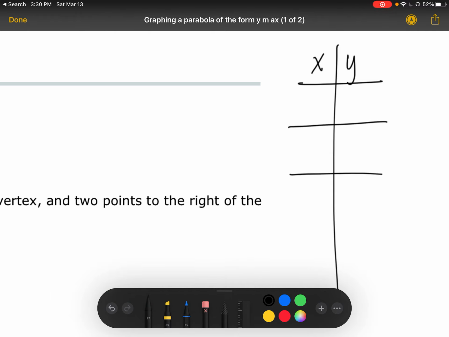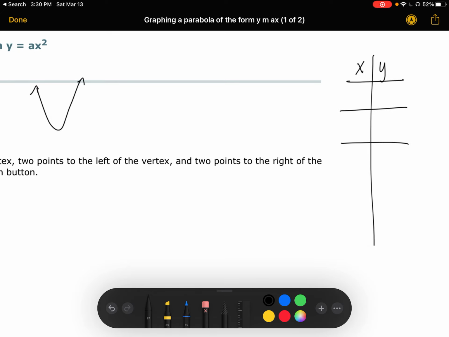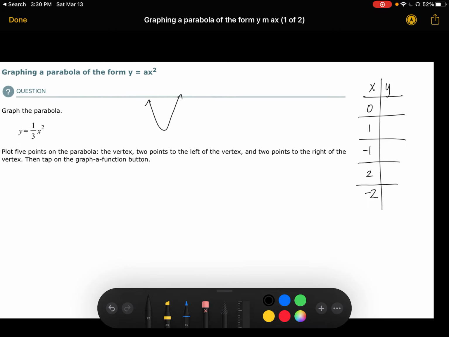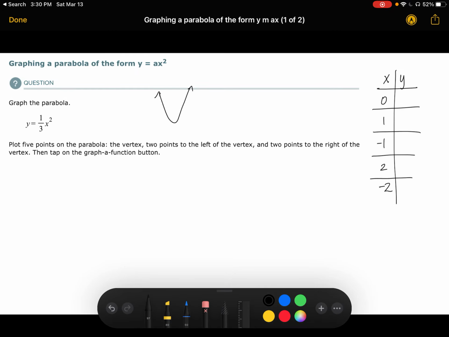When you graph a parabola, I'm always going to say to do the following points: 0, 1, -1, 2, and -2. You might have to change them up once you get to higher levels, but just as we're starting to learn it, these are the points I want you to graph.